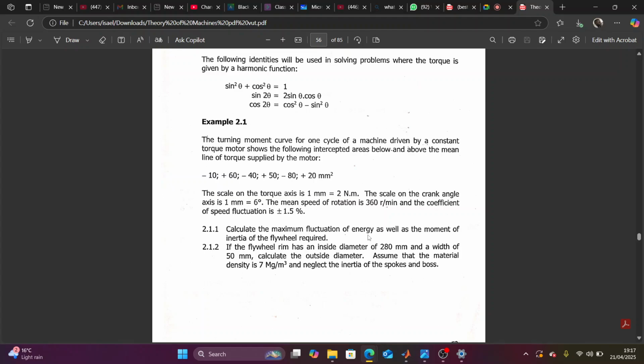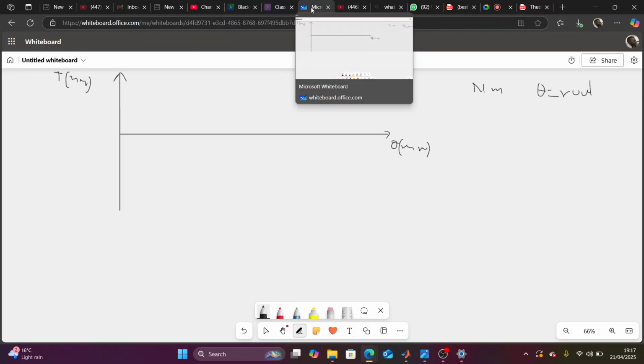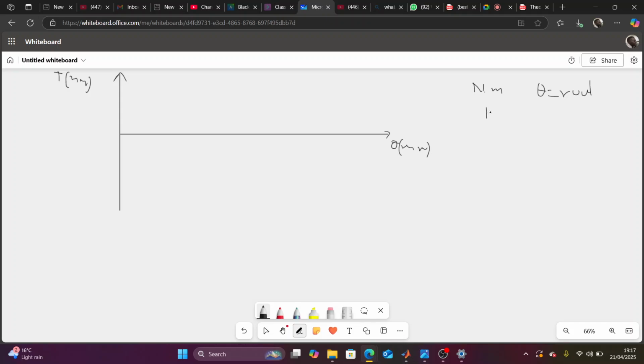The scale is simply to help us convert, because we cannot have energy in millimeters. Do you see what's happening? You are given 1 millimeter to be equal to 2 Newton meter. We are also given 1 millimeter to be equal to 6 degrees.